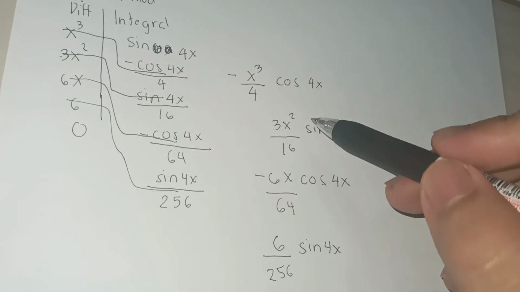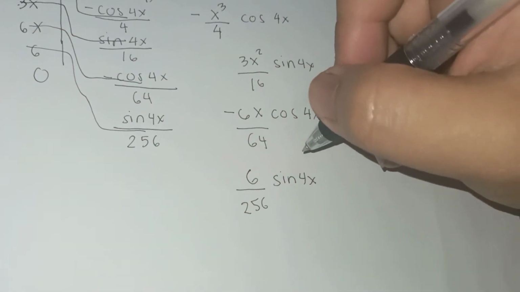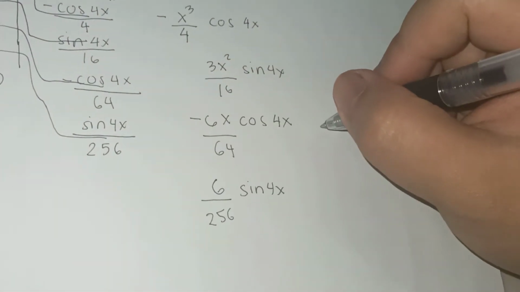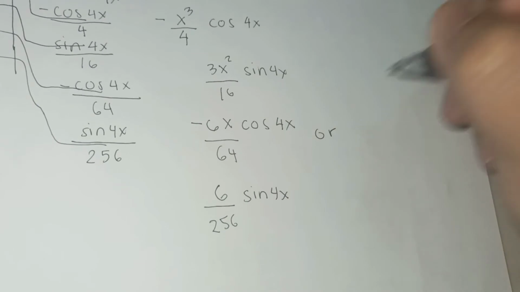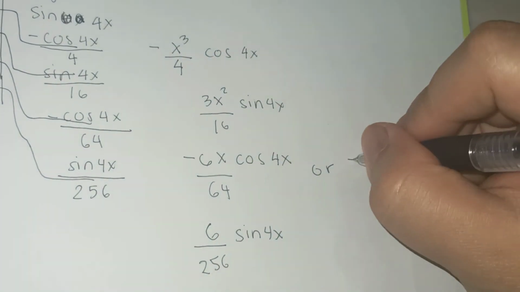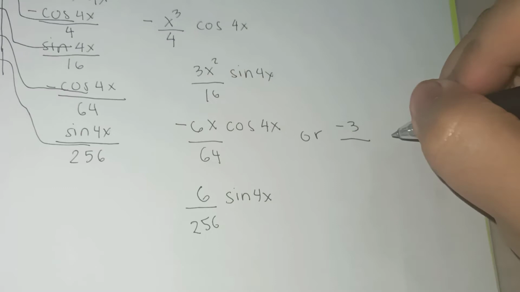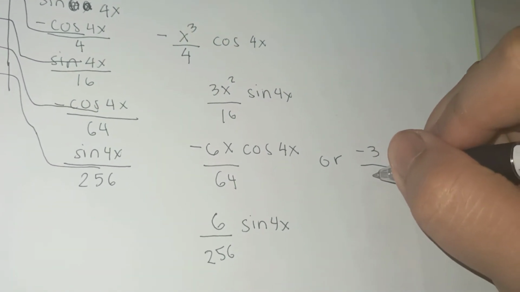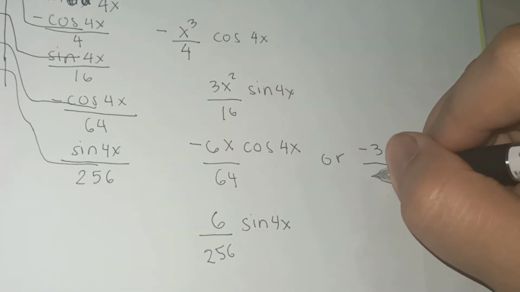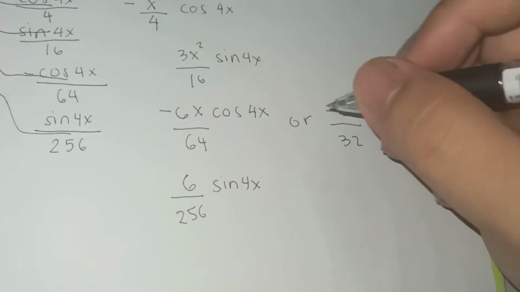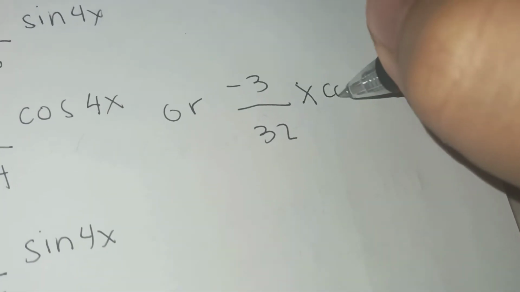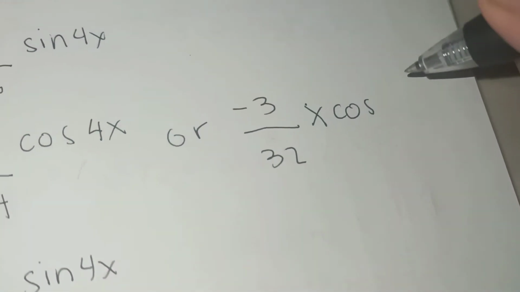These are solid answers now, but these two can still be simplified. So we will try to simplify it. Negative 6 over 64, we have to divide it by 2, so 64 will become 32, negative 3 over 32 x cosine 4x.